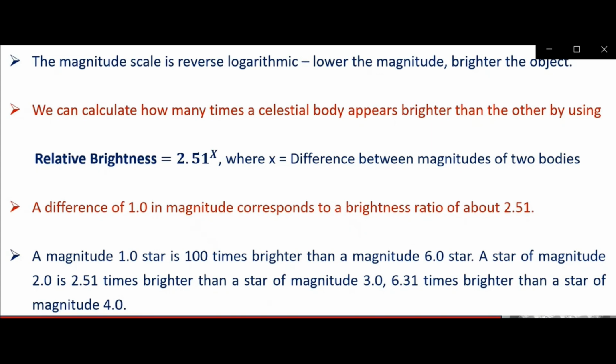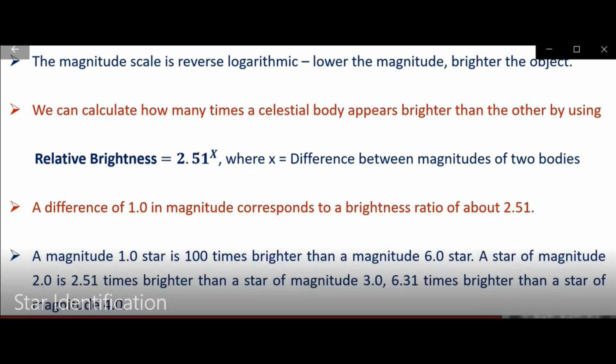If you put the difference of 6 and 1, that is 5, in the formula, 2.51 raised to power 5 will be almost 100. Likewise, a star of magnitude 2 is 2.51 times brighter than the star of magnitude 3, and a star of magnitude 2 is 6.31 times brighter than a star of magnitude 4, that will be 2.51 raised to power 2.